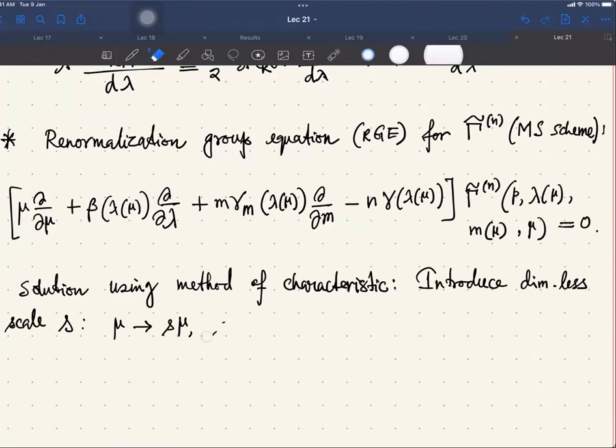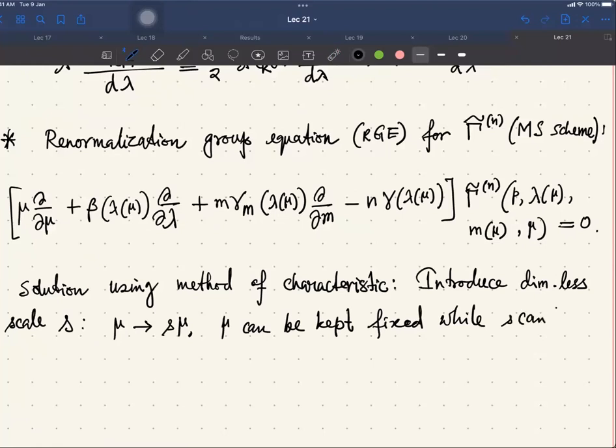Basically, the reason is that mu can be kept fixed while S can be changed to slide the scale. Okay.